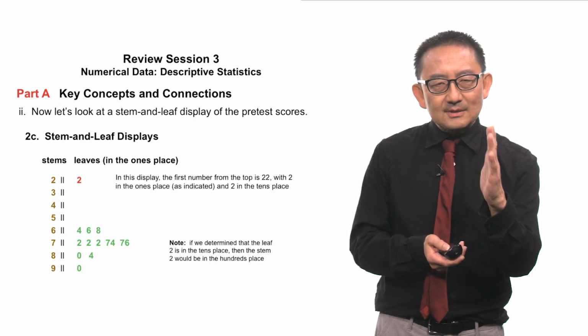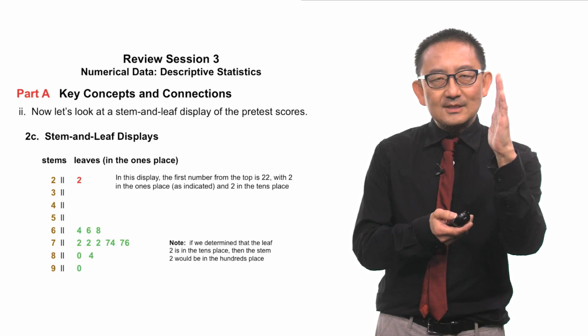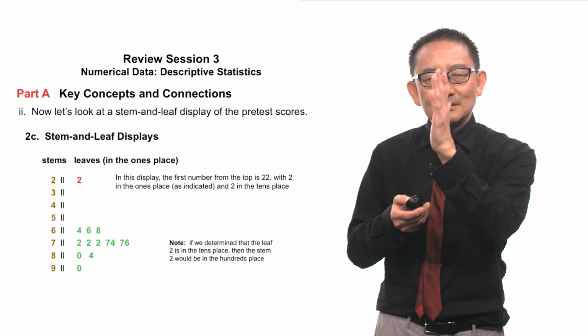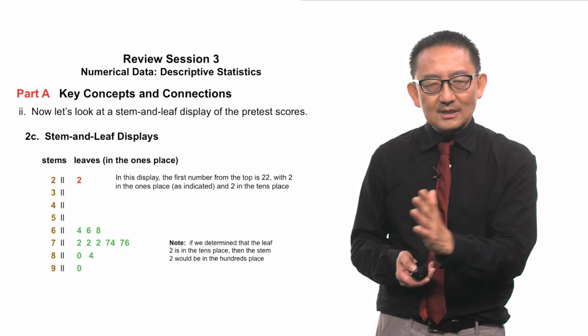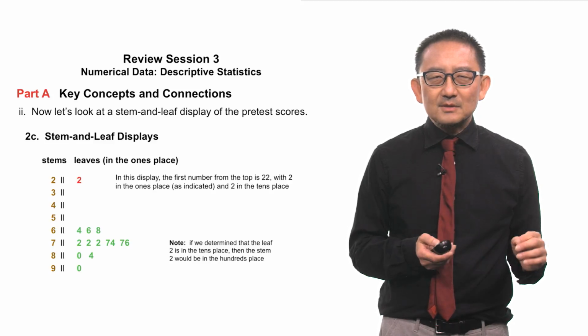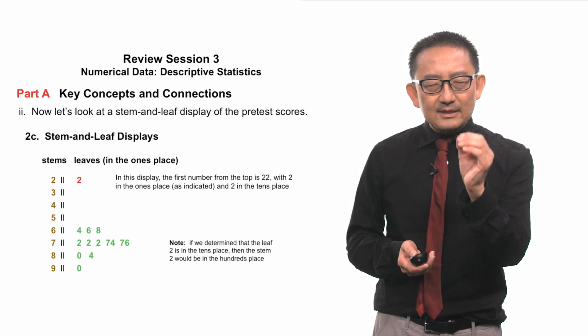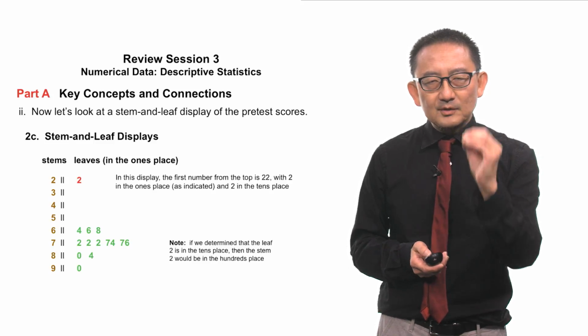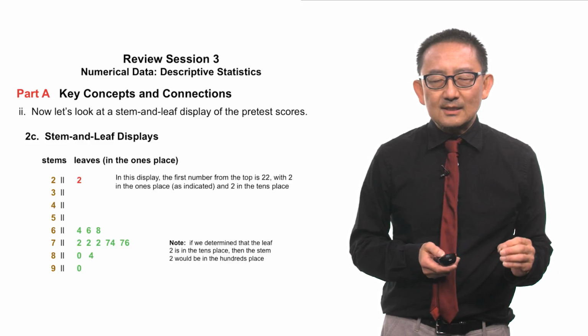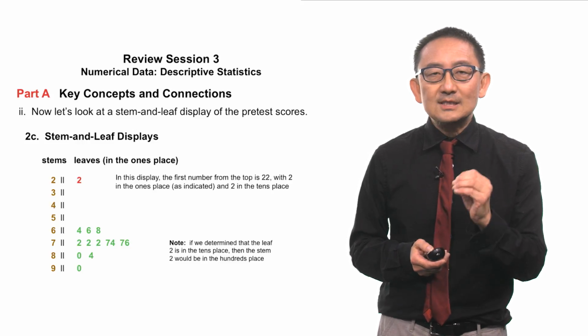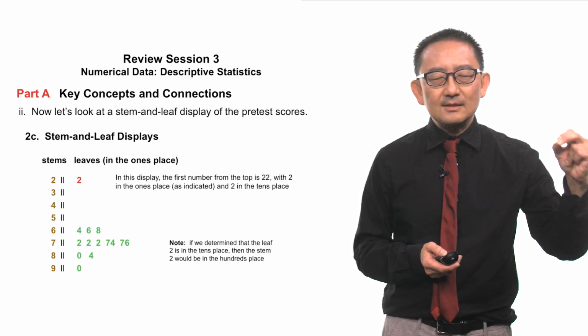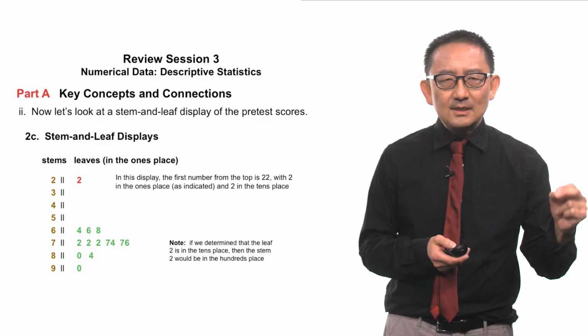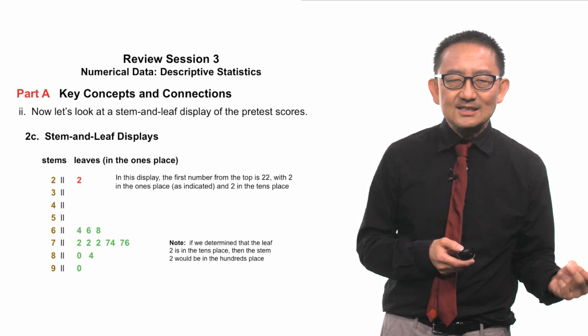Well, for a stem and leaf display, there's going to be the stem column and the leaves part of the display. Now notice how this is working. If we're looking at the 2 at the very top as a number in the ones place, then the stem 2 will be in the tens place.